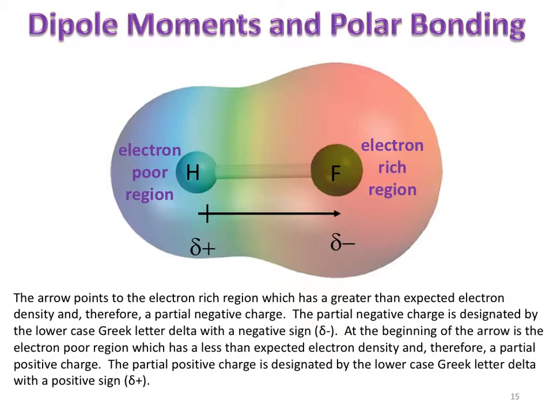And finally, we're going to look at dipole moments and polar bonding. In a compound such as hydrogen fluoride, there is an electron poor region and an electron rich region.